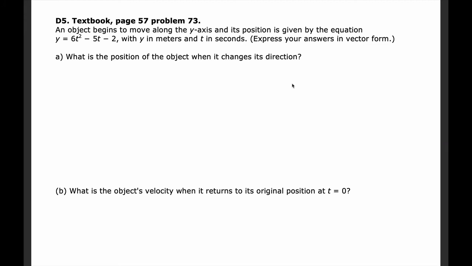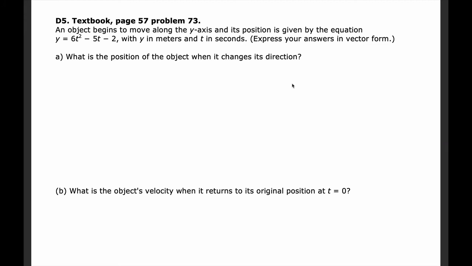So, discussion 5. An object begins to move along the y-axis and its position is given by the equation y equals 6t squared minus 5t minus 2, with y in meters and t in seconds. Okay, so there's our function. What is the position of the object when it changes its direction?